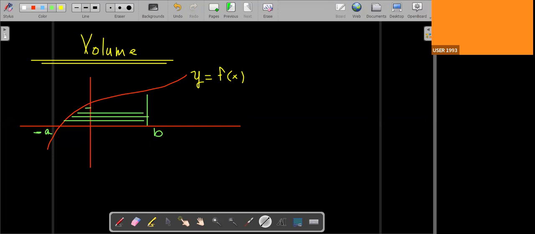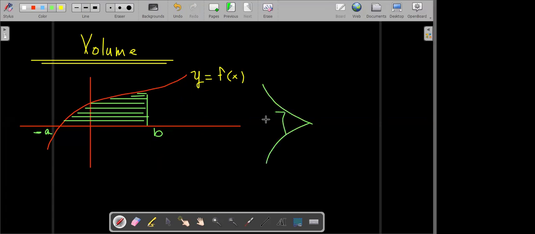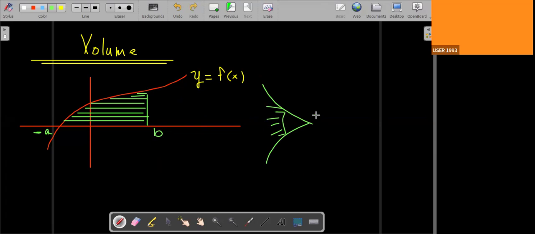Now just imagine you rotate this curve about the x-axis. Can you imagine? Like a 3D shape, what's going on? You just rotate the curve about the x-axis through 2 pi radians. 2 pi radians means one complete round.